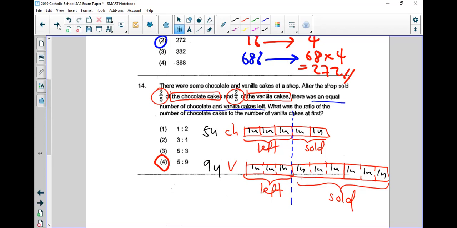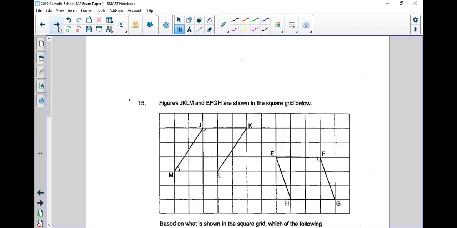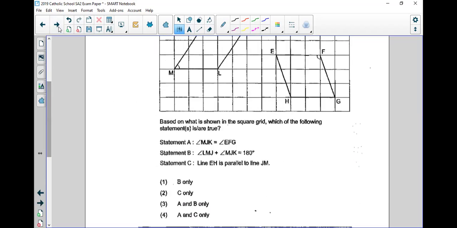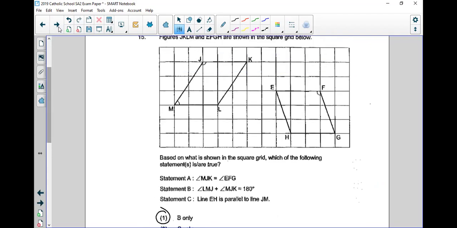If you see fractions, model. Okay, let's go to question 15. What's the answer? Okay, answer is 1. Now this one you will have to prove. You cannot just use your eyes to see. So your statement A, MJK, where is your MJK?